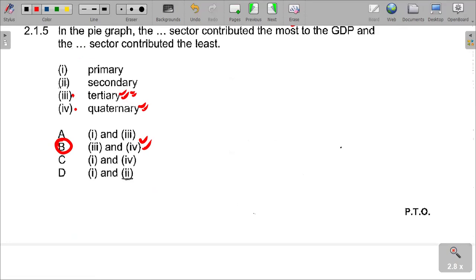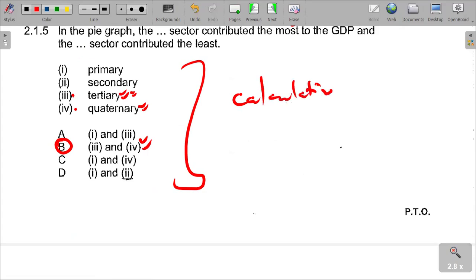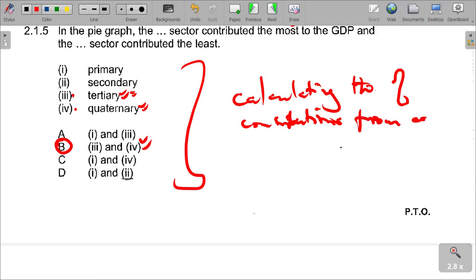The question here is all about calculating the percentage contributions from each sector.